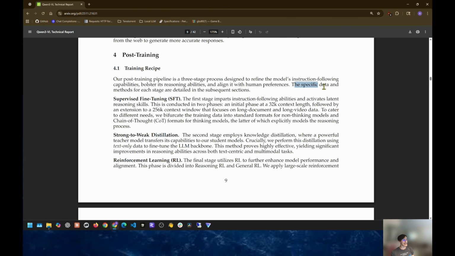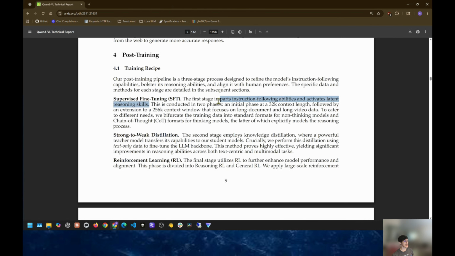The specific data and methods for each stage are detailed in the subsequent sections. So they go through supervised fine-tuning, SFT. The first stage imparts instruction following abilities and activates latent reasoning skills. So this turns it into a chat app, or a chat model, that is.